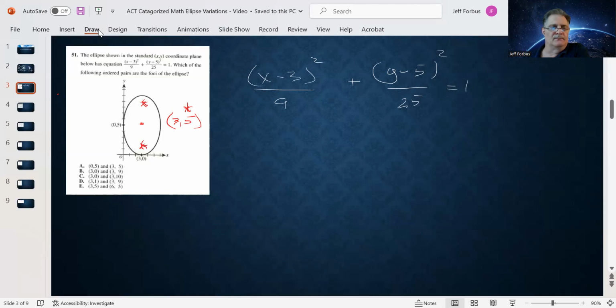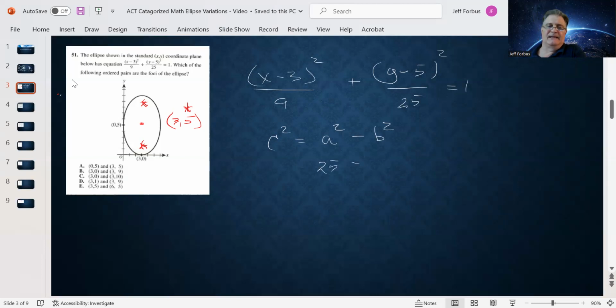All right. So remember, the equation for the foci is c squared is equal to a squared minus b squared. In this case, we know the major axis is the y-axis, and so we know the 25 is our a squared value.